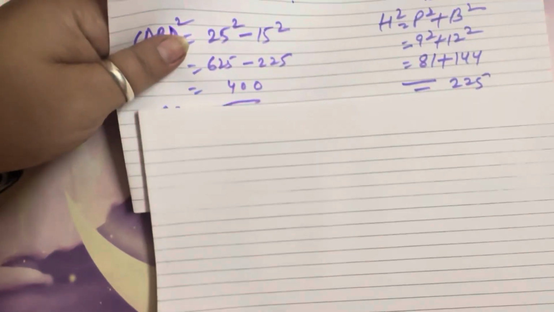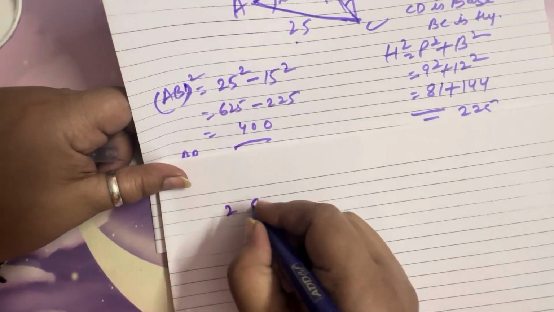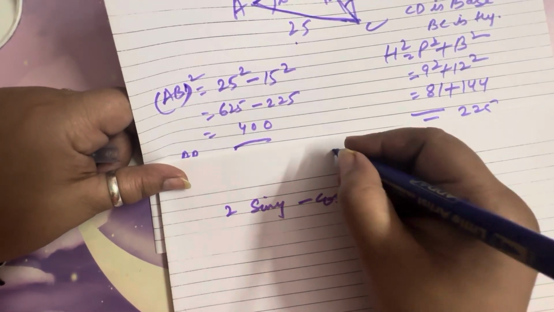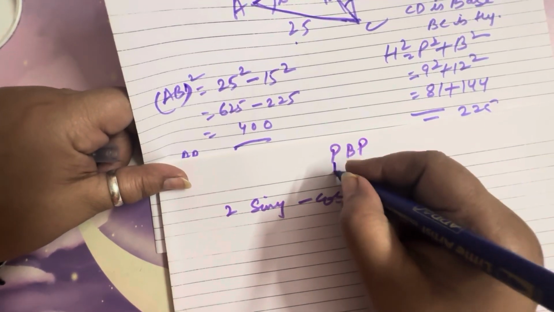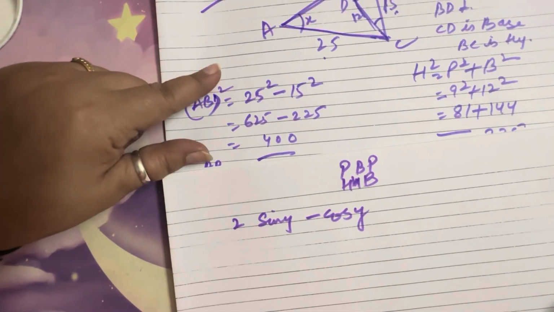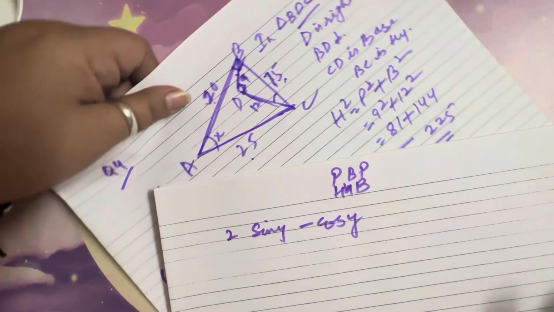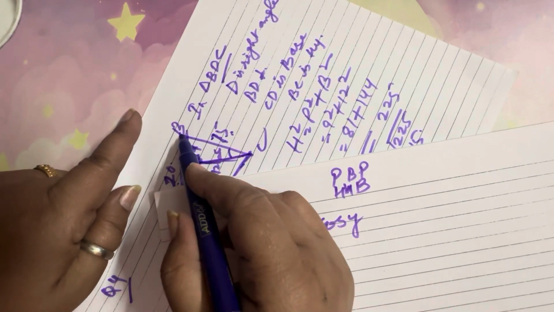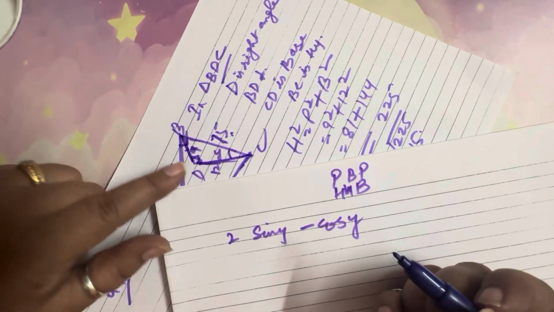In this they have asked 2 sin y minus cos y. For this we know Pandit Badri Prasad Har Har Bole. Now here, for finding sin y in this figure, this is the base, this is the perpendicular, and this is the hypotenuse.